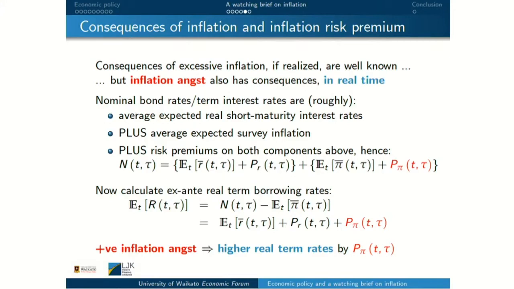Where do you think inflation is going to average from now up to the maturity of that loan? And where are the risk premiums currently on the real interest rates, and where are the risk premiums currently on the inflation component of those nominal interest rates? And that's the bit that I've highlighted in red there right at the end.